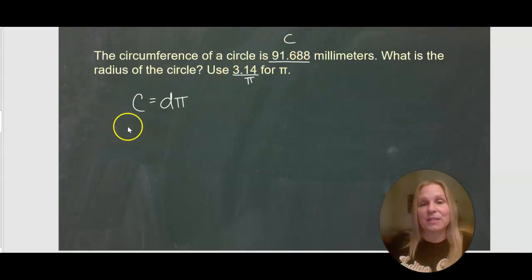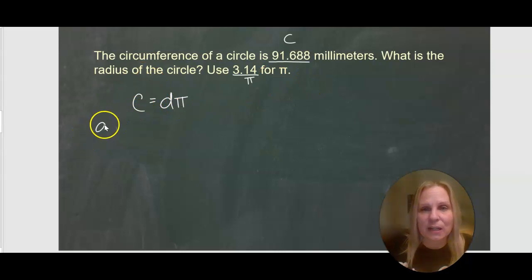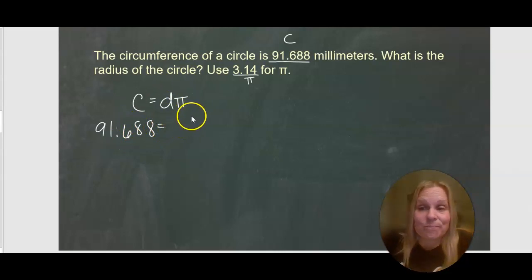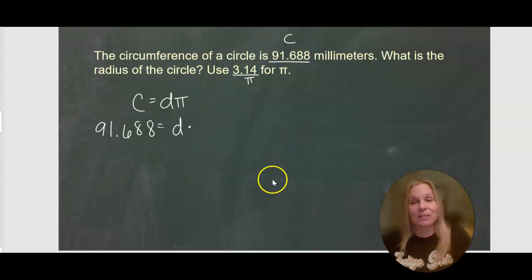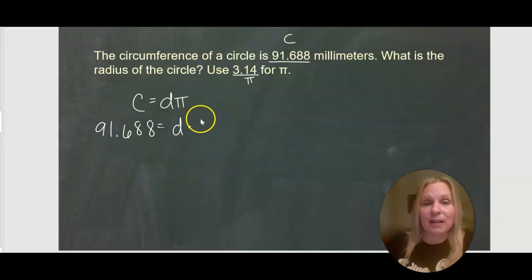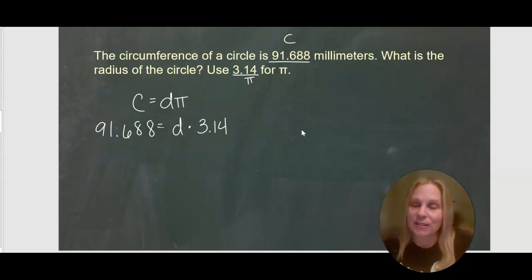So instead of c, I'm going to write 91.688. The d, I don't know what it is, so I'm going to leave it d. And then the pi, I'm going to put 3.14. Now, think back to your solving equations.